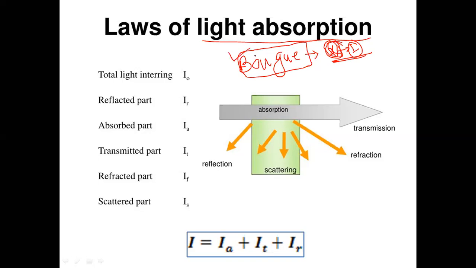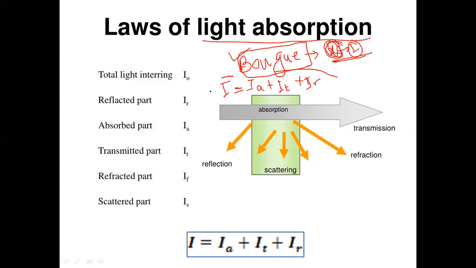When light of some intensity falls on an absorbing medium, this light is used in different ways. Some light is absorbed from the incident light, some light will be transmitted through the medium, and some light will be reflected from the medium.